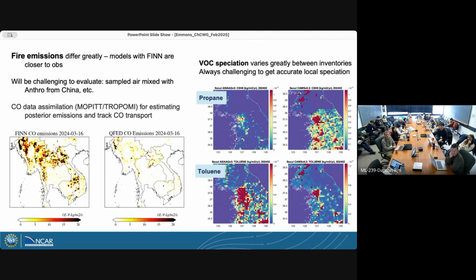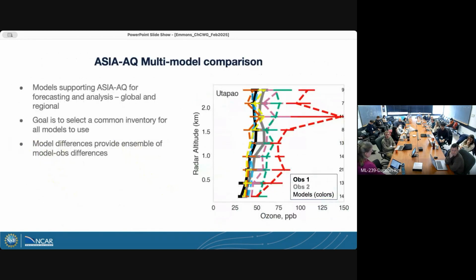One has very high propane, the other one has very high toluene. These are reactive species that will have a big impact on ozone formation and also SOA. So it's kind of a big deal to get this right.